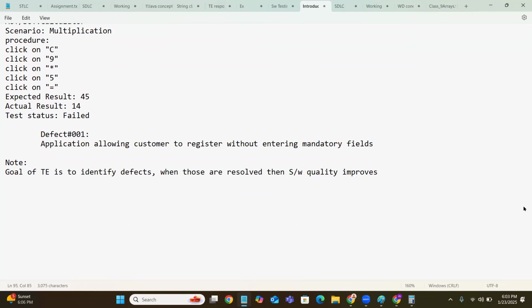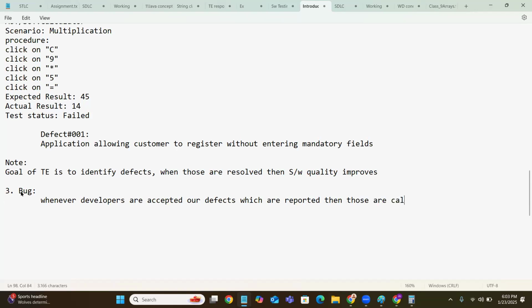If developers accept your defect which you identified, then it is called a bug. What does bug mean? Whenever developers accept our reported defects, then those are called bugs.